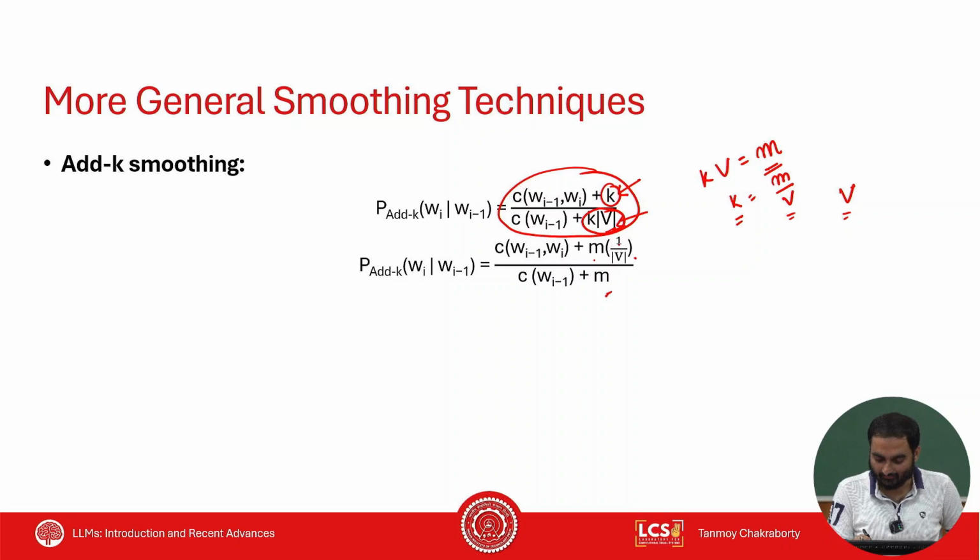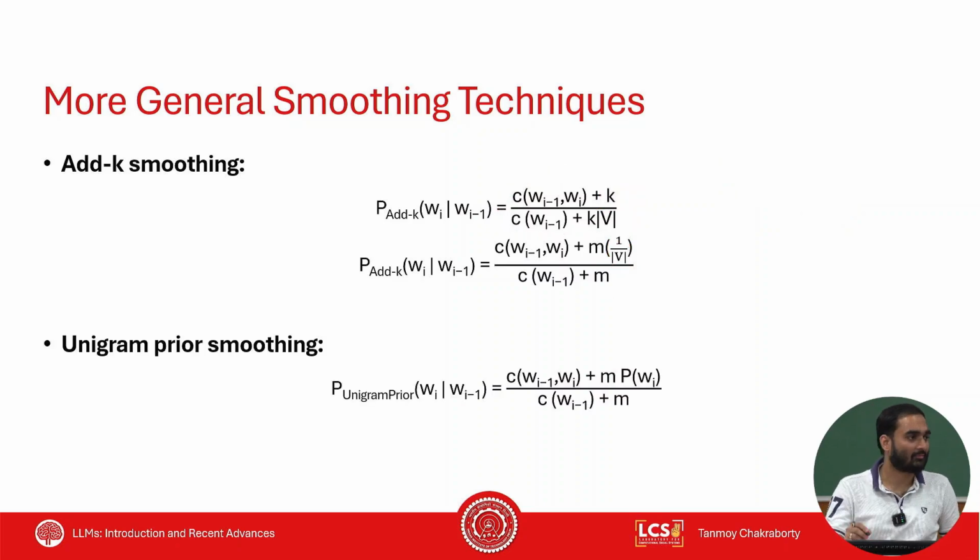Now if you look at it carefully, this 1 by v is what? 1 by v is essentially the uniform case, where all the vocabulary words are equally likely, right? So essentially what we are doing is adding some sort of uniform probability to the numerator with some constant m.